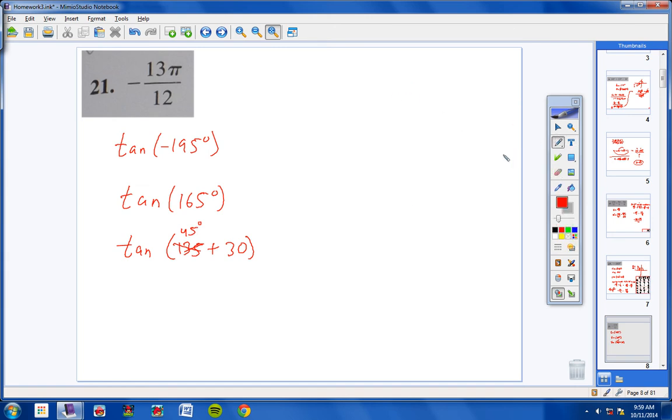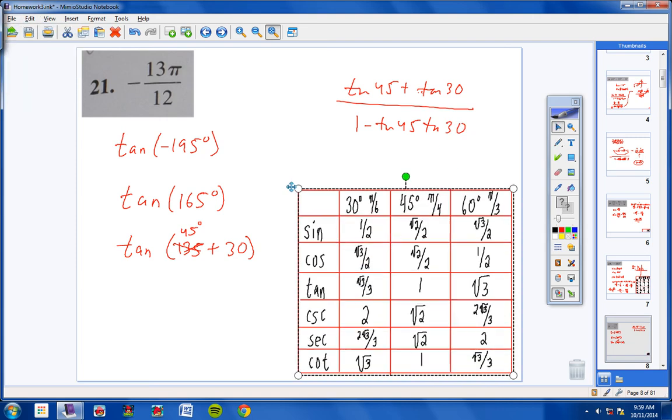Let's see what we have here. Tangent, when you're adding two angles, would be tangent plus tangent. So we have tangent of 45 plus the tangent of 30 all over 1 minus tangent tangent. So 1 minus tangent of 45, tangent of 30. Remember, tangent of 45 is negative, okay? All right. Let's pull up our chart here real quick.